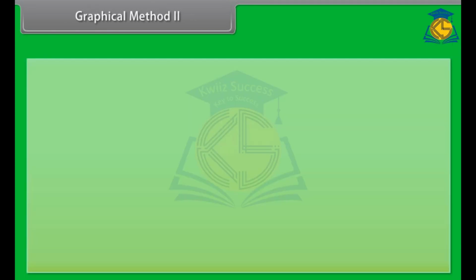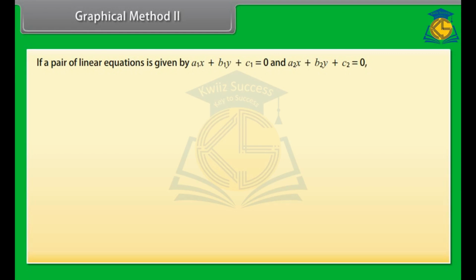Graphical method 2. If a pair of linear equations is given by a1x plus b1y plus c1 is equal to 0 and a2x plus b2y plus c2 is equal to 0, then the following situations can arise. 1. a1 upon a2 is not equal to b1 upon b2.